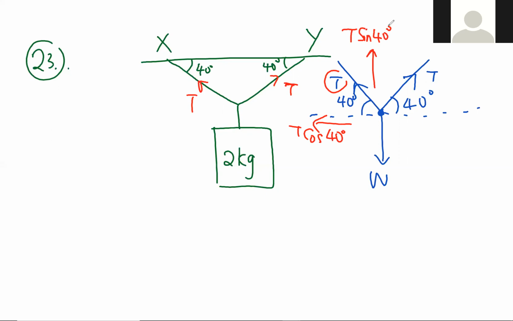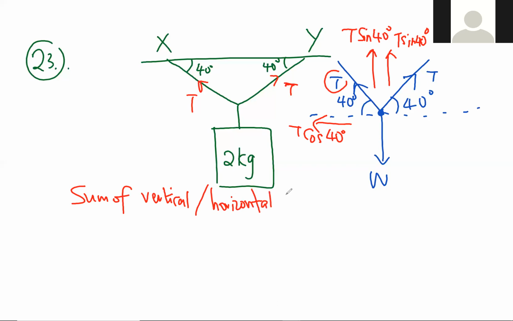Now this is just the left side. The right side is also the same. So you have 2T sine 40. Okay, now for objects that are in equilibrium, we learned that the sum of vertical or horizontal forces are 0.